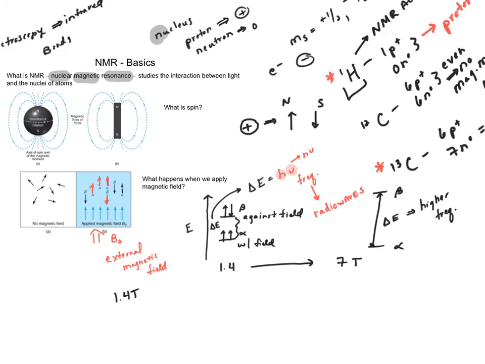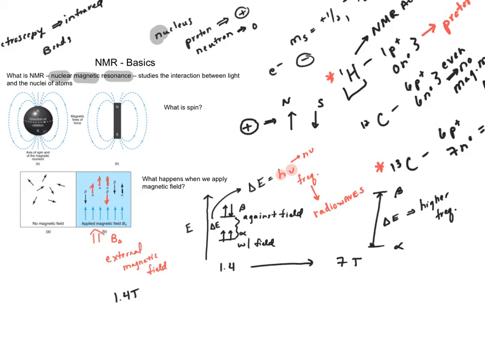The stronger the field, the larger the energy difference, the higher the frequency of light we will absorb. That's the basis: the energy difference between the two spin states depends on the magnetic field strength we're applying.